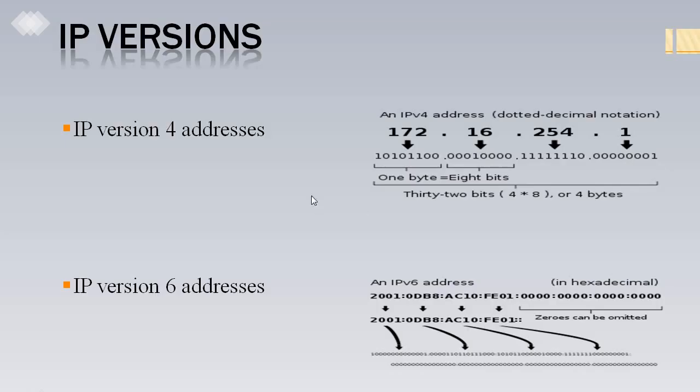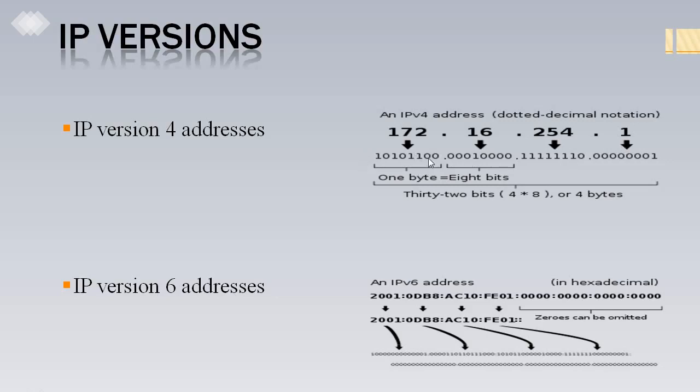Now next is the IP versions. Here you can easily understand IP version 4 and IP version 6. I have mentioned some IP addresses. IP version 4 uses dotted decimal notation, like 172.16.254.1.